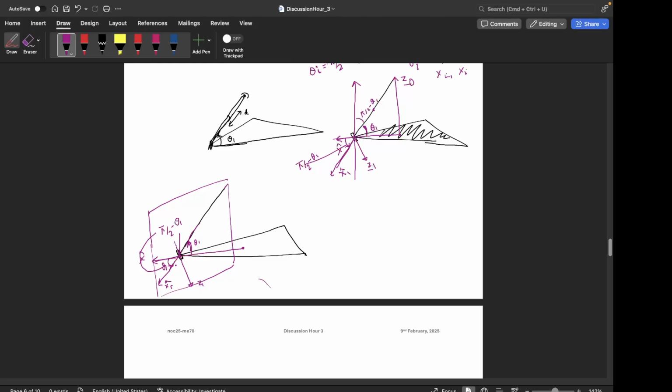And if I draw this perpendicular here, vertically below like this, then this would be pi by 2 minus theta 1, and down below this would be pi by 2 minus theta 1.